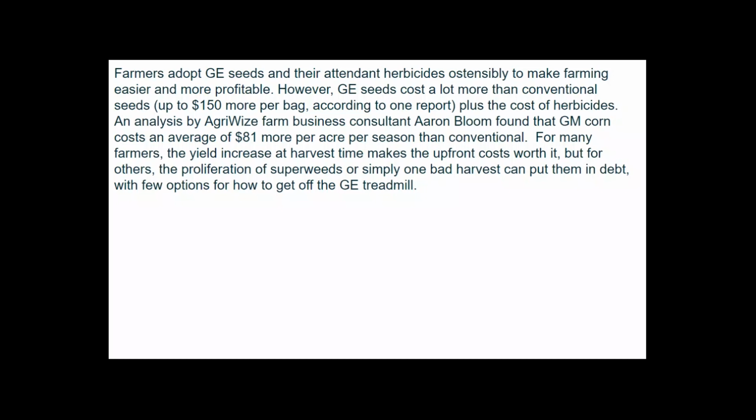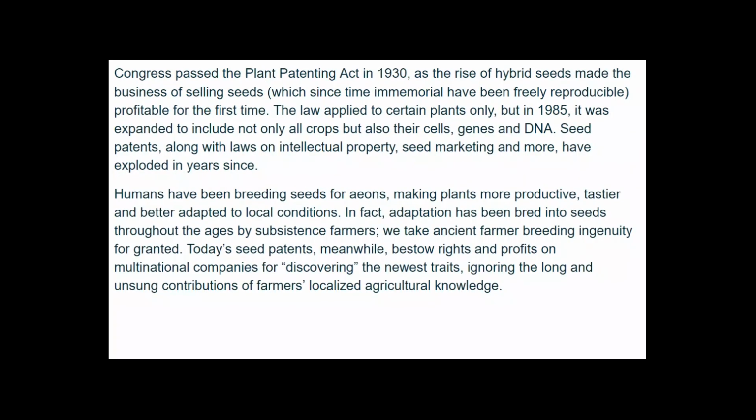For many farmers, the yield increase at harvest time makes the upfront cost worth it. But for others, the proliferation of superweeds or simply one bad harvest can put them in debt. So again, economic viability is challenged because of the higher initial cost, and the fact that a harvest might be less than expected can make that even more serious.